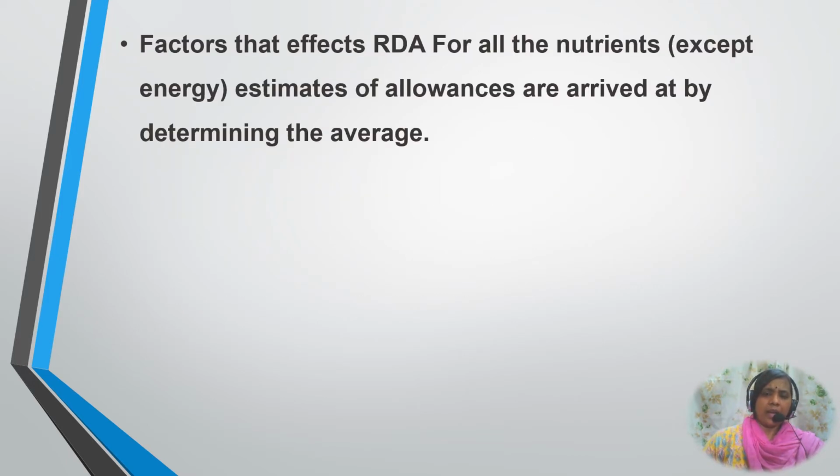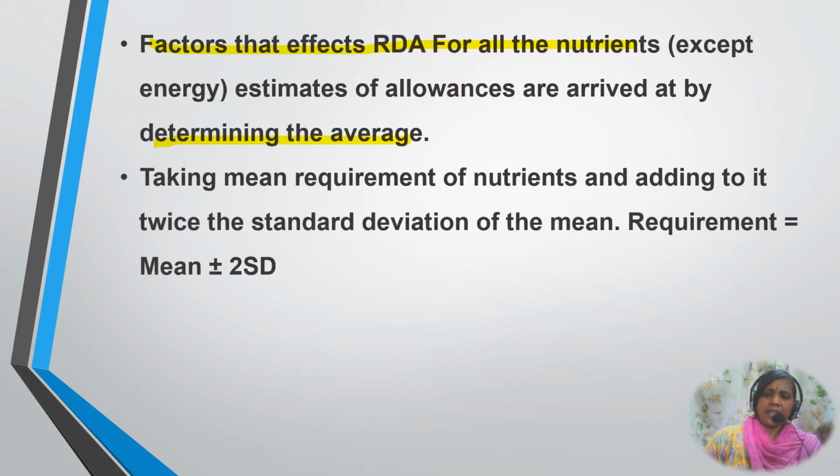Now let us see how this requirement or RDA is calculated. All the factors that affect the RDA estimates for all the nutrients are arrived at by determining the average. So how do they take this average? There is a calculation for that, where taking the mean requirement of the nutrient and adding twice the standard deviation of the mean will give the requirement.